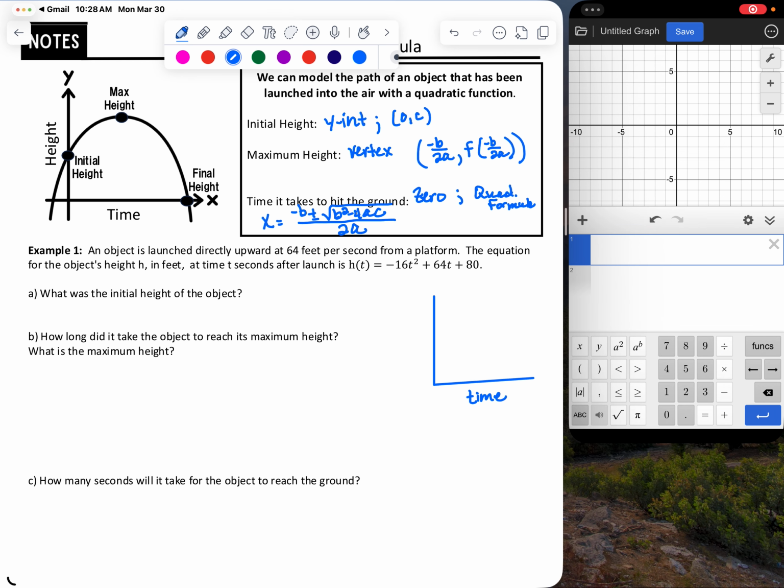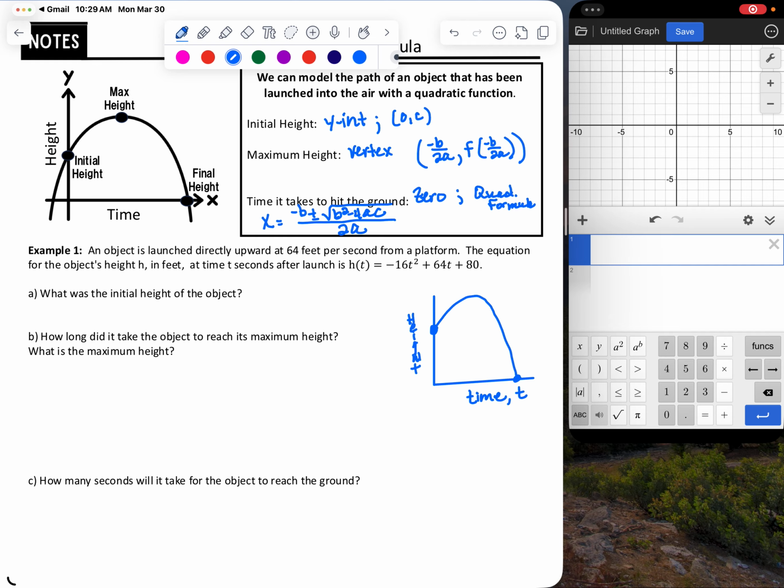So time is being plotted on the x-axis, and they're calling that t. And then the height of the object is being plotted on the y-axis, and it's starting up here somewhere. It doesn't tell us where. It's going to reach a maximum height, and then finally it'll hit the ground somewhere over here.